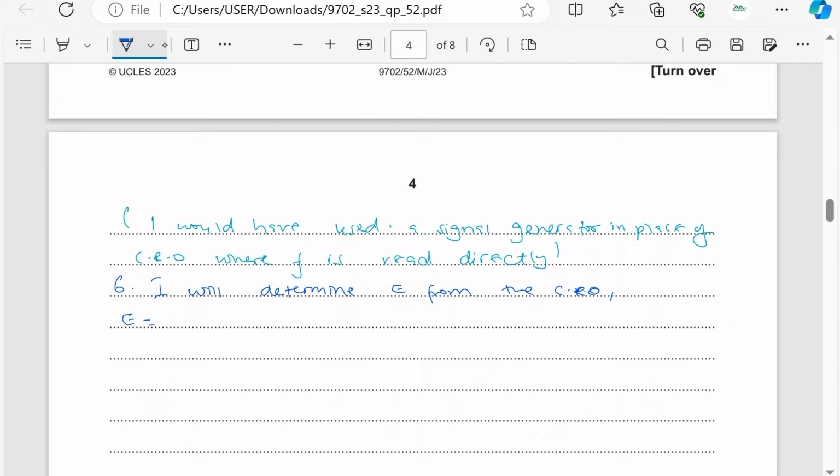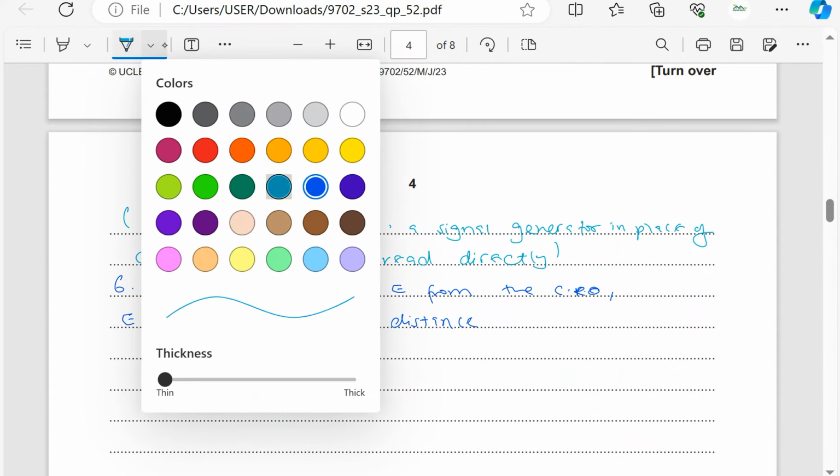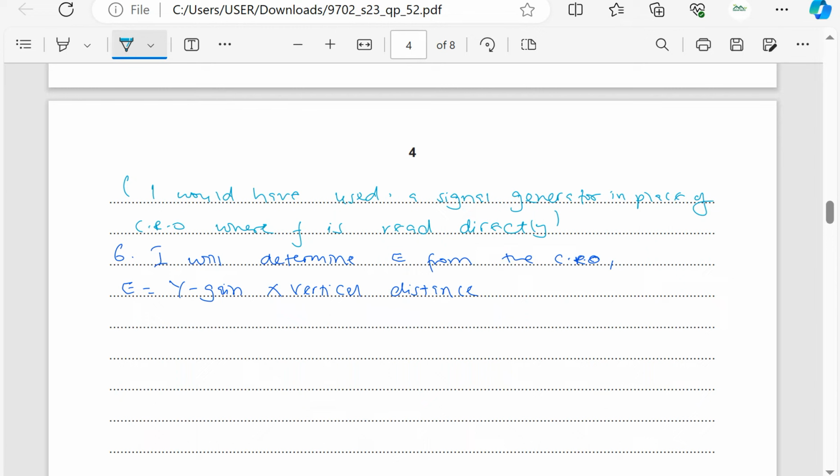E is going to be the Y gain of the CRO times the vertical distance.